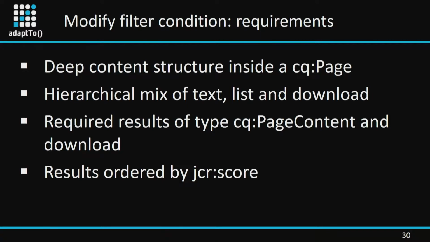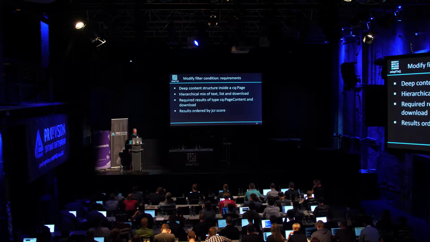Now another example, a real life example that came from one of our customers. It came already from the old system with the following requirements. There is a deep content structure inside a CQ page.